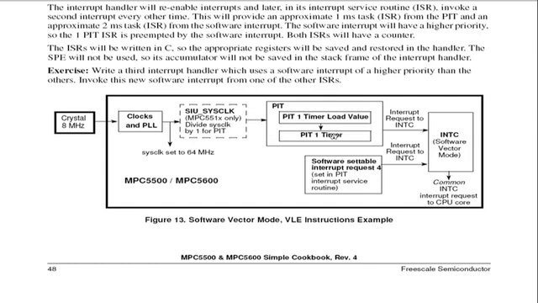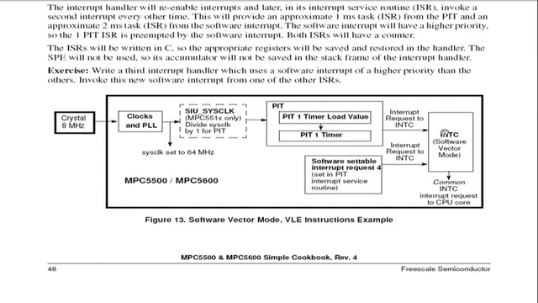We're going to preload a value, and when the timer counts down to 0, it will generate an interrupt request. The timer value that we specified will be reloaded, and we'll get a repeating interrupt. And since the system clock is running at 64 megahertz, I'm just going to load 64,000, and that gives me a 1 millisecond timeout.